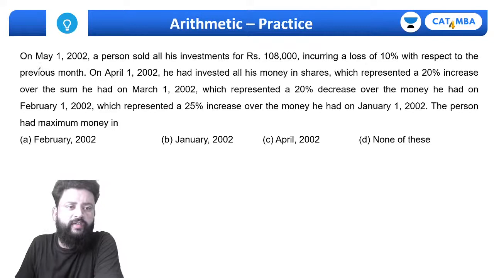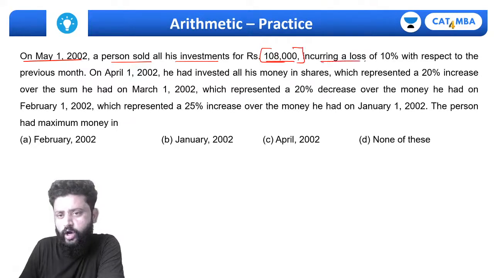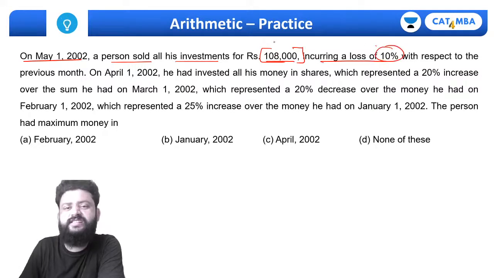So listen, when you start from here, on May 1st 2002, a person sold all his investments for rupees 1,08,000, incurring a loss of 10%. Means this is just the 90% of his income, right?